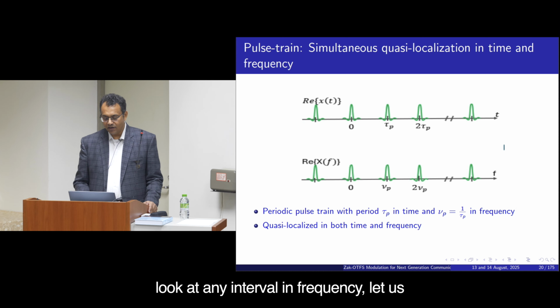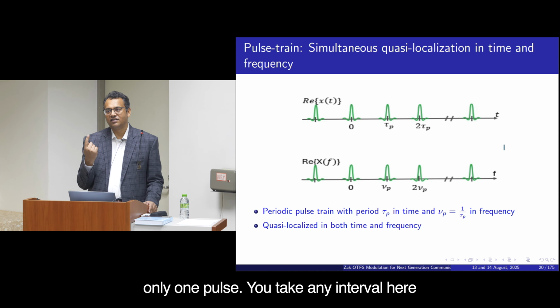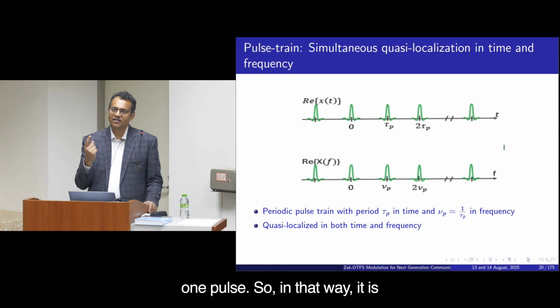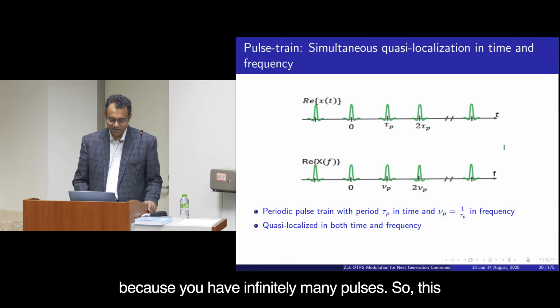And if you look at any interval in frequency of bandwidth nu p, you will see only one pulse. So in that way it is localized, although not exactly, because we have infinitely many pulses.